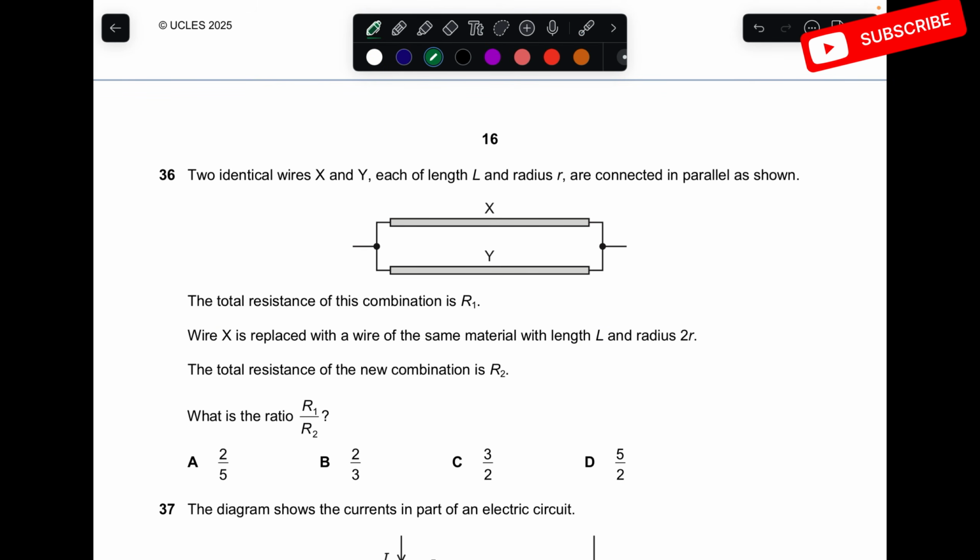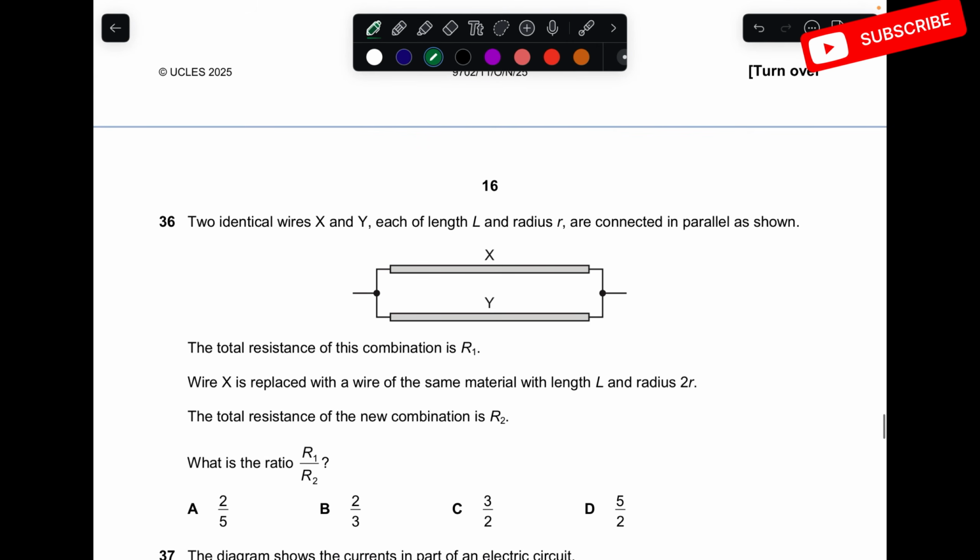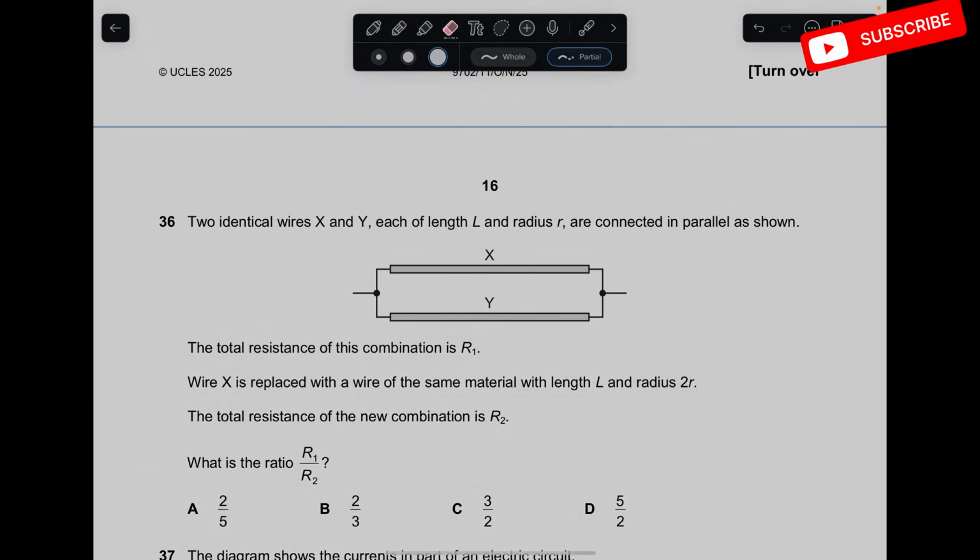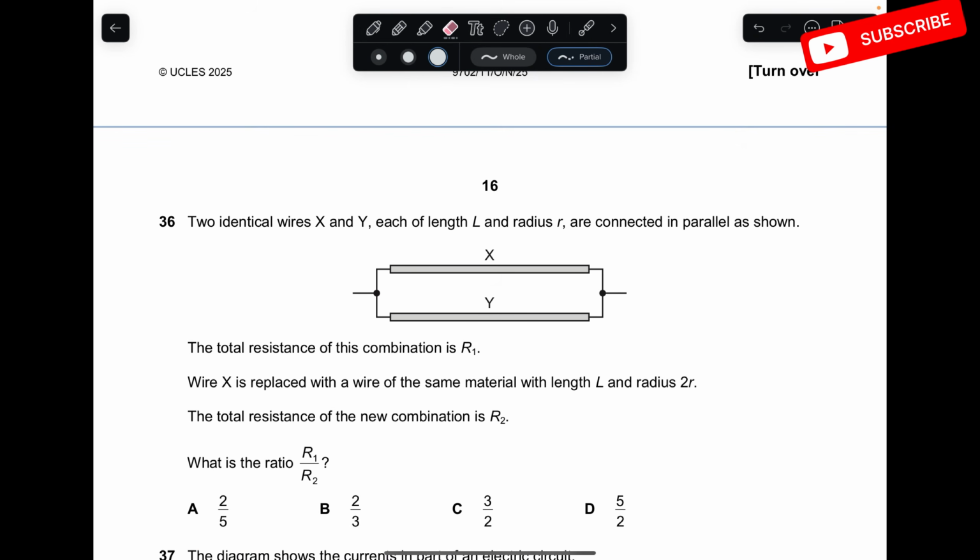First you have to understand the basic relation. We have R is equal to rho L over A. Let's call this resistance R. This resistance is also R initially, and they both are in parallel.